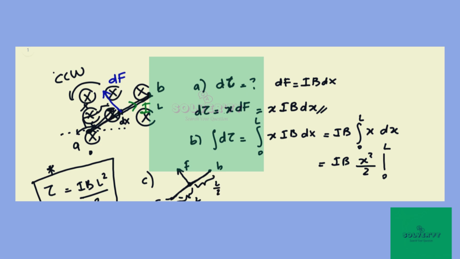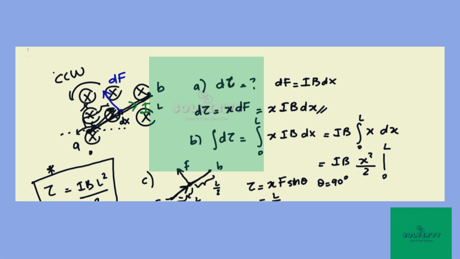So then let's calculate the torque. So then the torque would be simply the r or x, let's call this, but this time it's L over 2, right? x times F times the sine of the angle between two vectors. This is the x vector, this is the F vector. So then sine of theta would be 90 degrees here. Our x is L over 2.